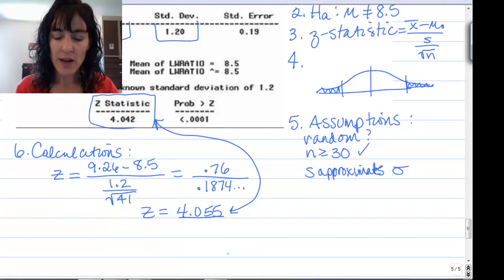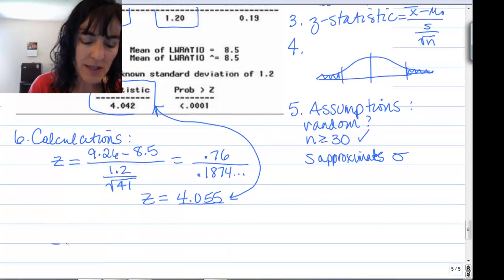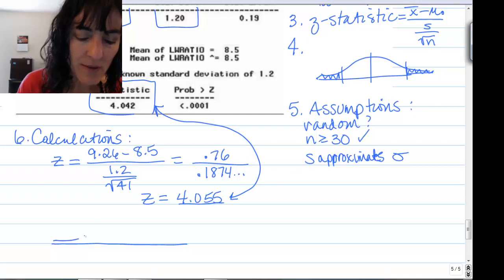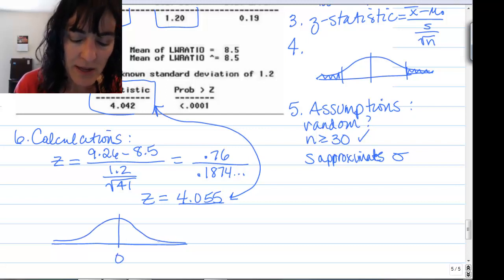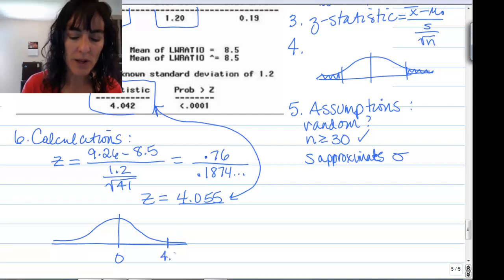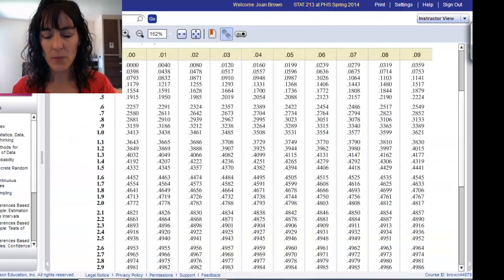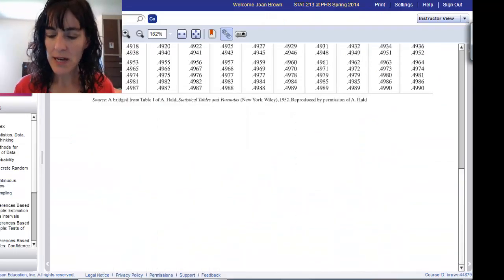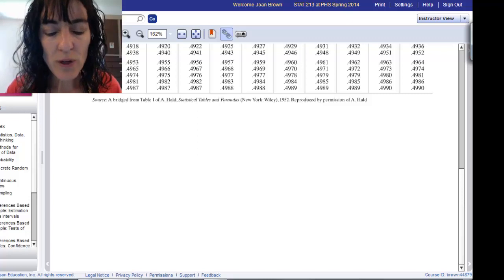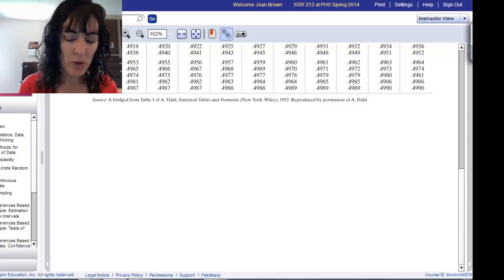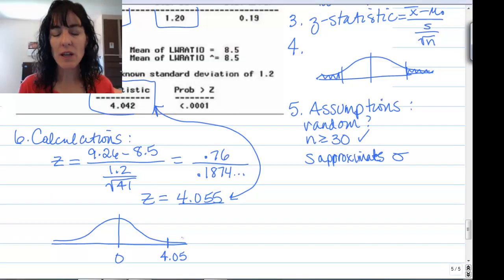And if we look that up, because the next thing we want is to figure out our p-value for this, we're way off here to the end at 4.05. And when we go to look that one up, we're going to have to slide down some, and we only go to 3.09, so we can't even get way off here.